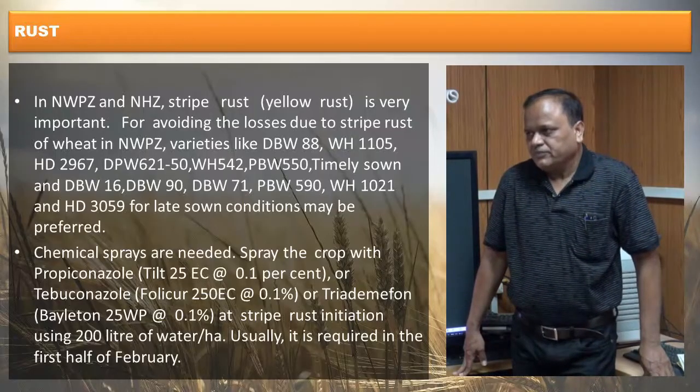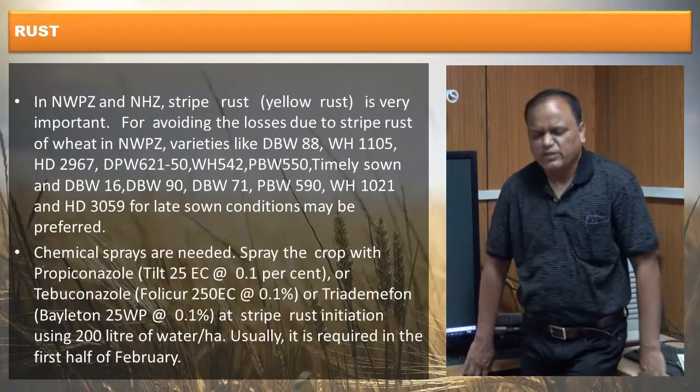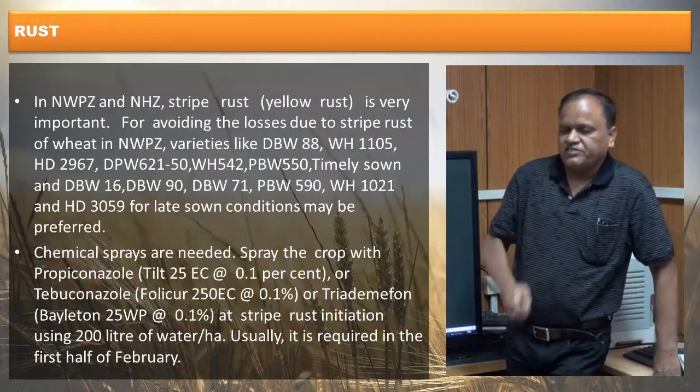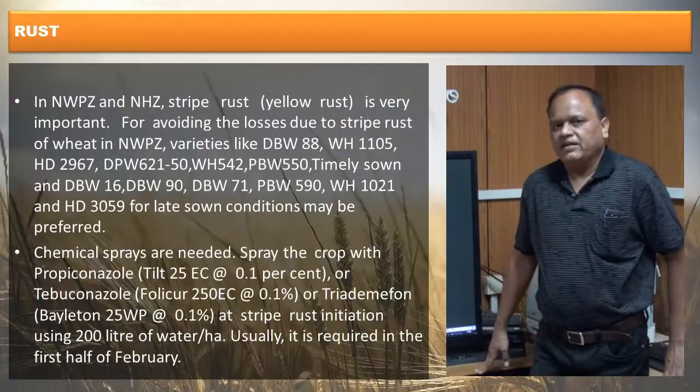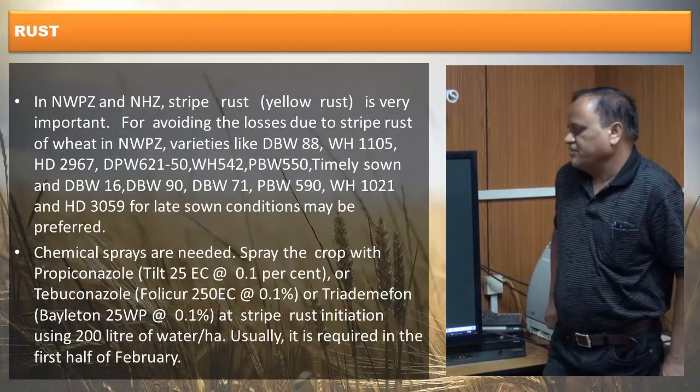So the question arises, what we have to do to control this type of rust. As you know, there are three types of rust: the first one is black rust, the second one is yellow rust, and the third one is brown rust.